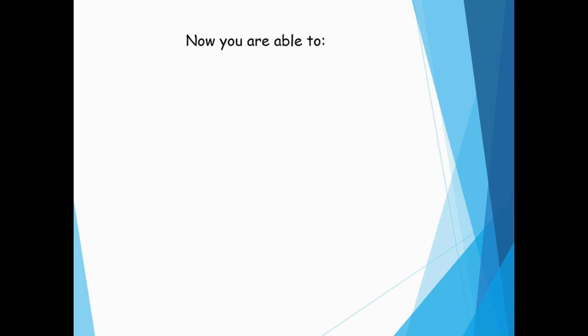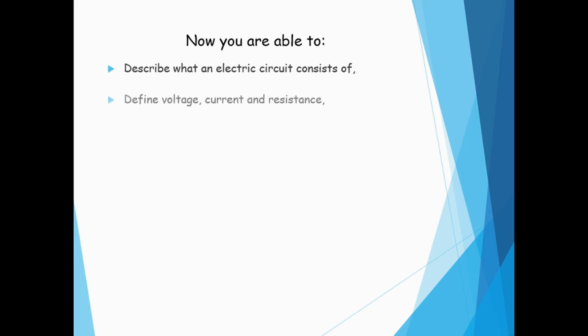Now, you're able to describe what an electric circuit consists of. Yes, three elements: sources of supply, conductors, and a load. You can define voltage, current, and resistance. Voltage is the force behind the electrons, current is the flow of electrons, and resistance is an electrical or electronic element that resists the flow of electricity or electrons.